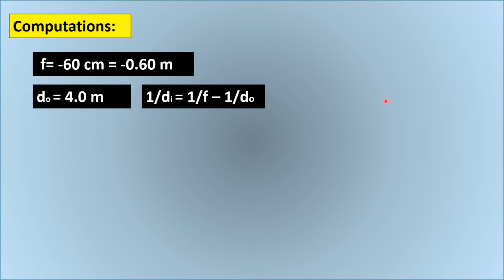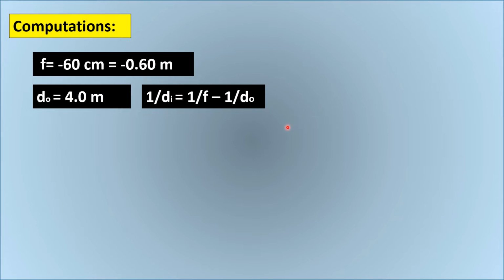But instead of using this reciprocal formula, we are going to use a shortcut formula, in the sense that we are not going to deal with reciprocals or fractions such as this one.